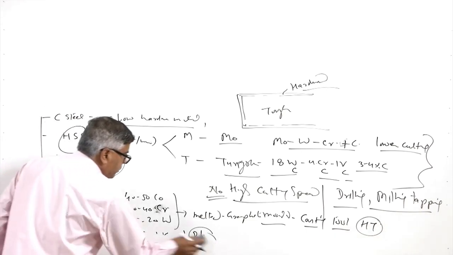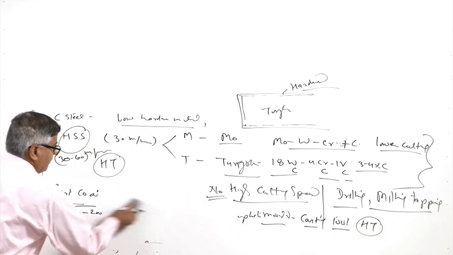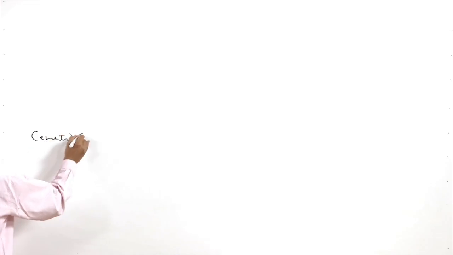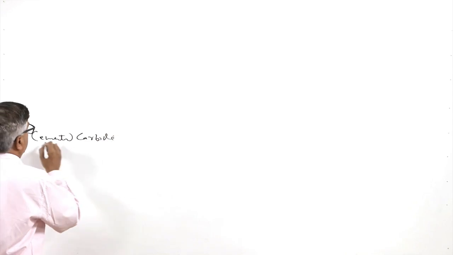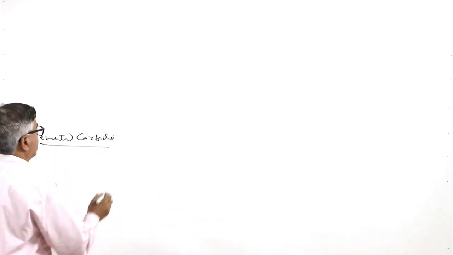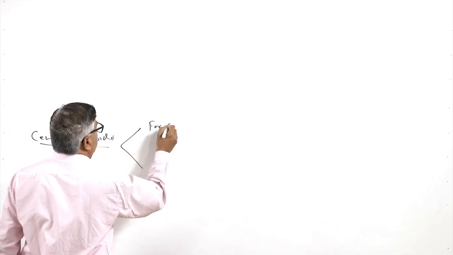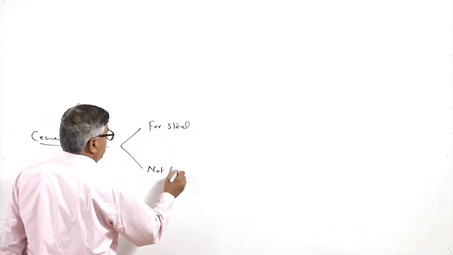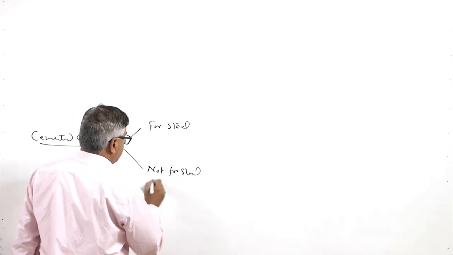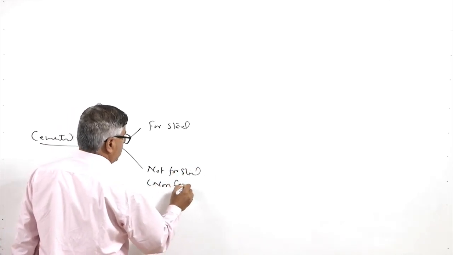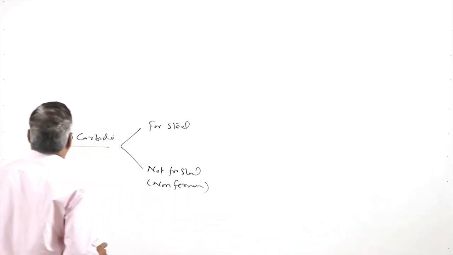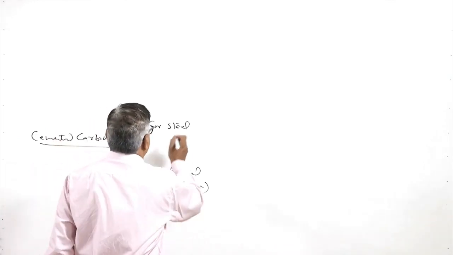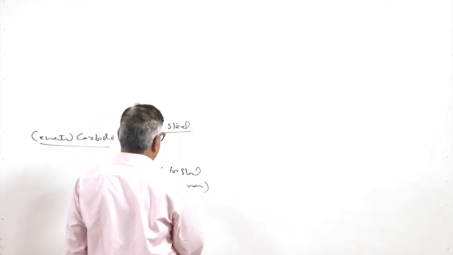Now, we will talk a little bit more in detail about the cemented carbide tools. In the cemented carbide tools, basically there are two broad categories, one which are used for the steels and those which are not for steels, or they are used for, say, the non ferrous metals.